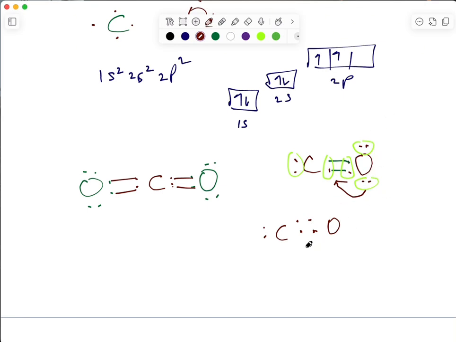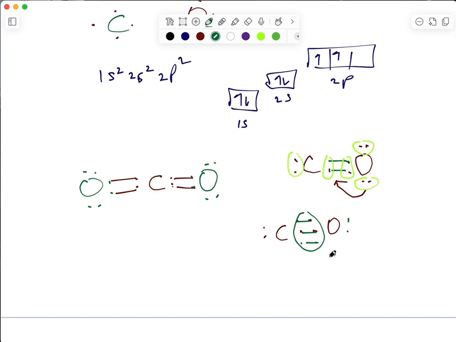It donates a lone pair. So here you have the lone pair, 1, 2. These 2 belong to oxygen, and only 1 lone pair is here. So the lone pair has now become a shared pair. In this case, you have 3 covalent bonds. Now let's see whether it is complete. In this middle here, you have 6. That means carbon has 6, oxygen has 6.